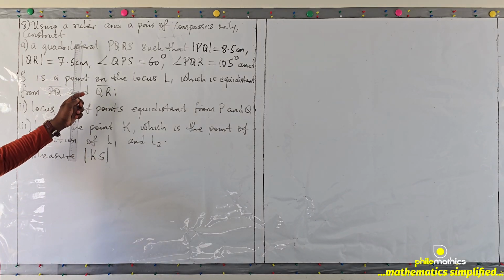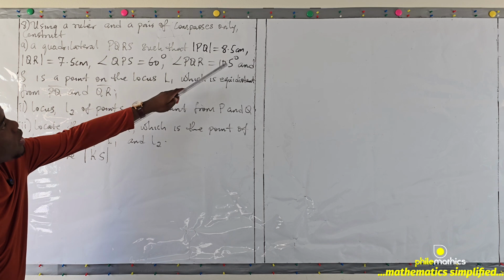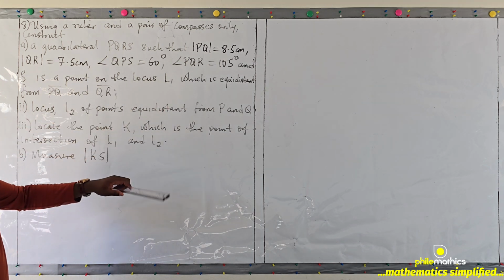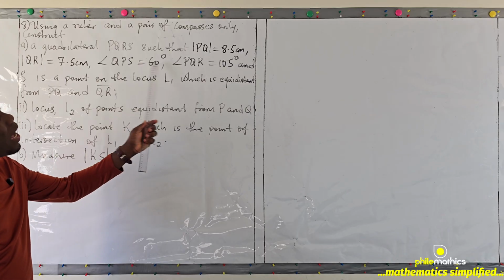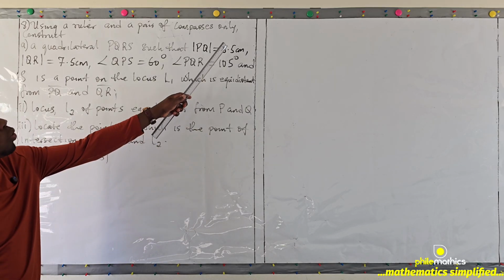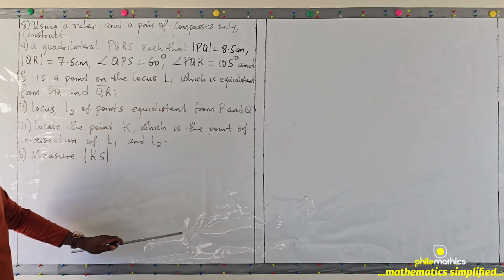And we are told that PQ is 8.5. It's usually advisable to make sure that your angles are on the base, and most of the time you want to put the longest side on the base too.